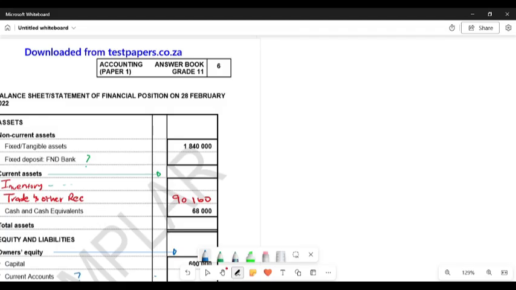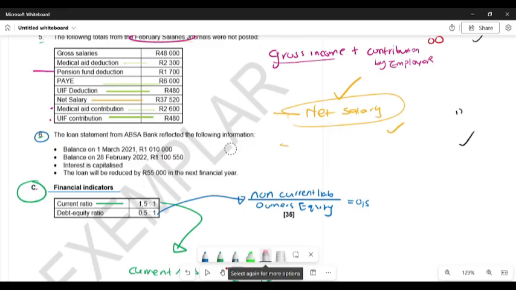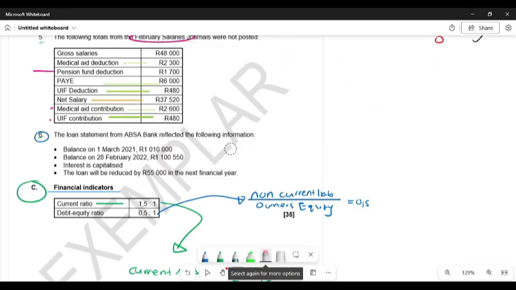And with regards to loan, if you could look at the information that we have here. So let me just erase here on the side. Now, with regards to loan, can you see we're given balance at the beginning as well as balance at the end? Whenever you are given your balance at the end, what is it that you need to do in order to calculate your correct loan amount?